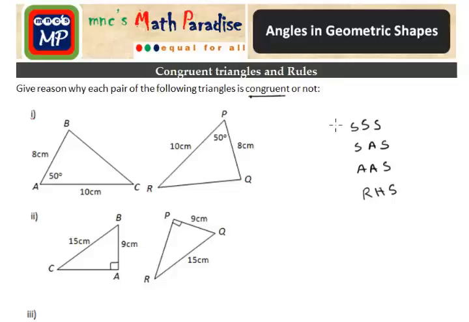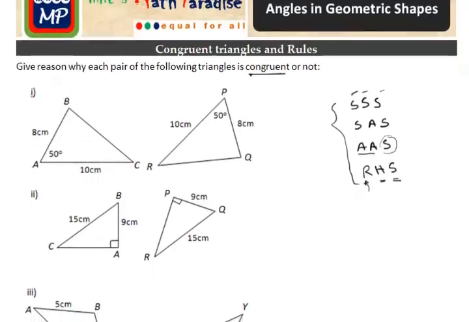We know under four conditions two triangles can be said to be congruent. SSS, when three sides are equal. SAS, that means two sides and their included angle are equal. AAS, that is two angles and one corresponding side are equal. Or for right angle triangles, hypotenuse and one side are equal. Let us see these examples.